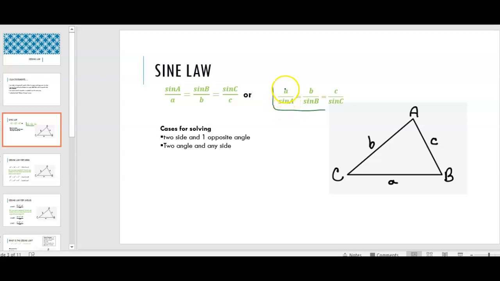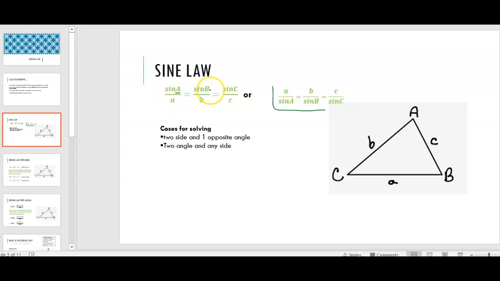Let's say we're solving for side A, you're going to multiply both sides by sine of angle A, and to the left you're going to have the variable on its own, and here you're going to have B multiplied by sine of A over sine of B. If you're solving for the angle, let's say angle A, it will be wise to have sine of A in the numerator, and you multiply both sides by A to eliminate the denominator.